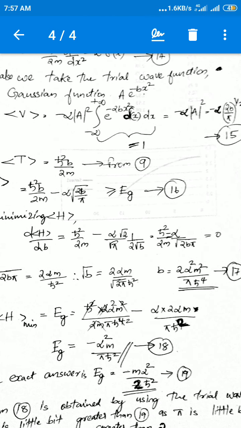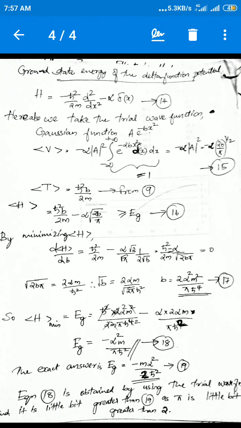be always greater than or equal to the ground state energy. And if you need to find the exact value of Eg, you just need to take the minimum point. In order to find the minimum point, you take the derivative of this H expectation and equate it to 0.